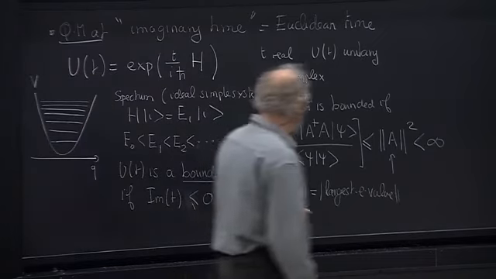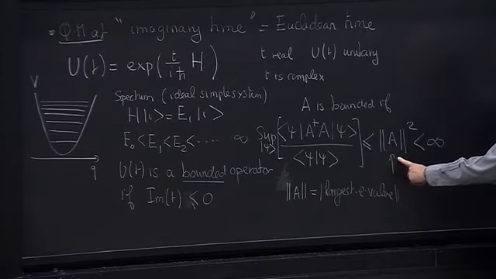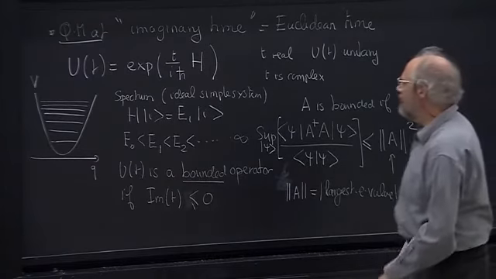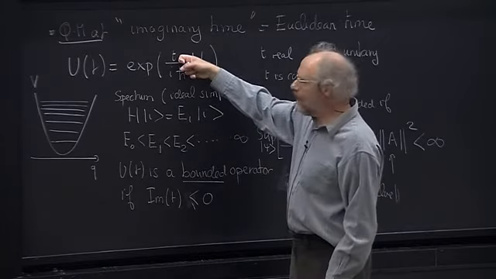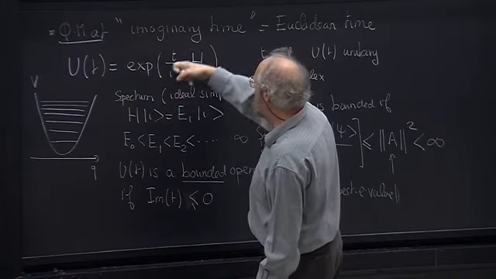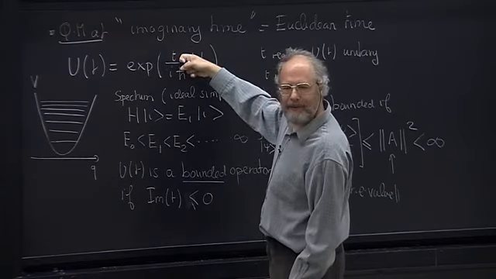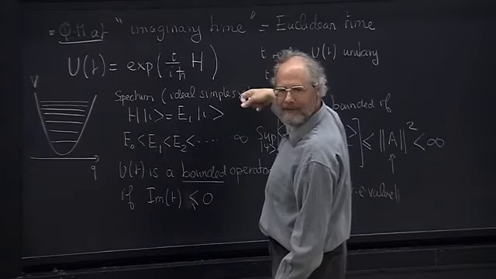So an operator is bounded if this is finite. And you see that for this operator, if t has a negative imaginary part, you get an exponential of minus the absolute value of the imaginary part times a series of numbers that decreases.